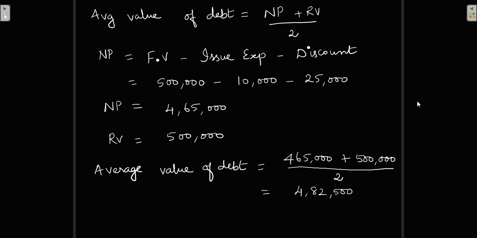So it is 5 lakh minus 10,000 minus 25,000, which will give you 4 lakh 65,000. Redemption, since we are redeeming at par only, there is no extra information given regarding that. So we assume that it is redeemed at par. So 5 lakhs is the redemption value. Average value of debt is 4,65,000 plus 5 lakhs divided by 2, which is 4,82,500.